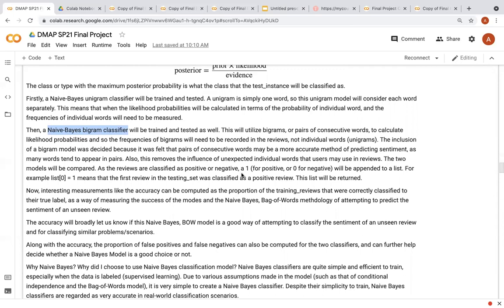My hypothesis was that maybe it's more accurate than just using singular words, because singular words can be influenced by random outlier words. Maybe you want to say something is not good, but you pick up the word good from that in the singular naive Bayes, and since you're not considering the position, you say, oh, that was a good experience.